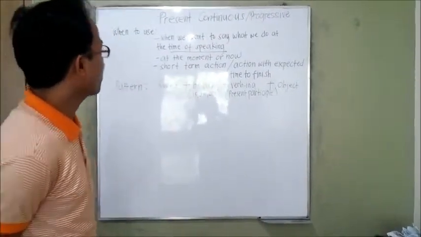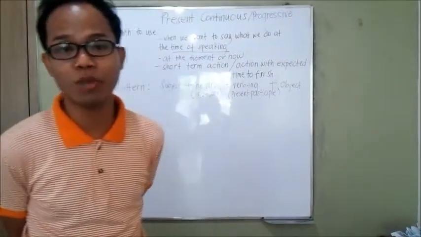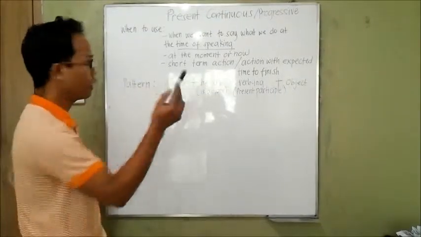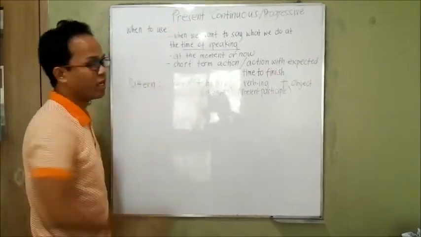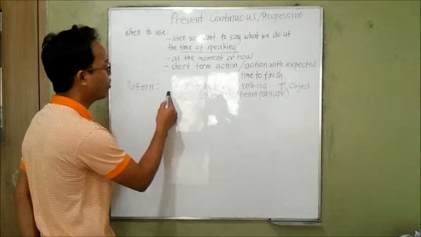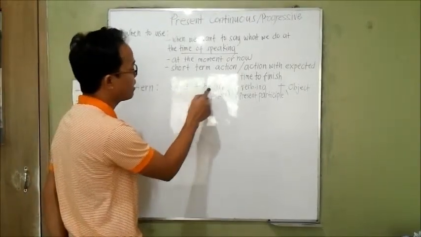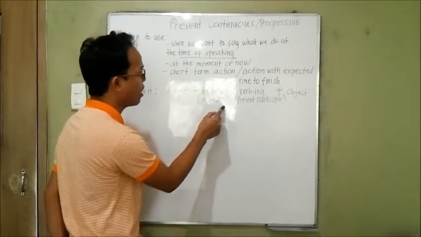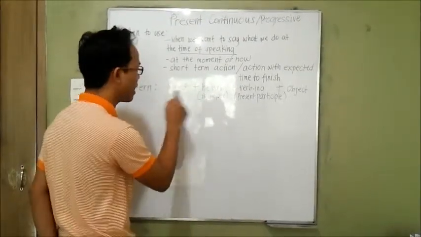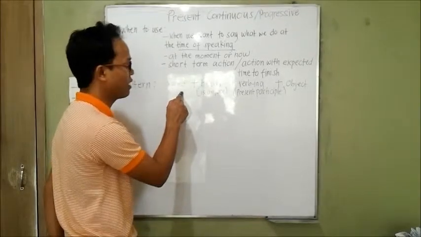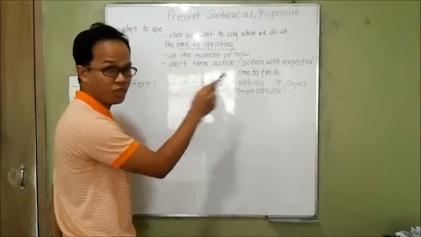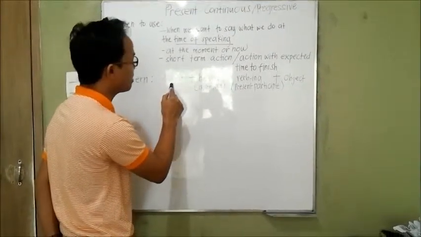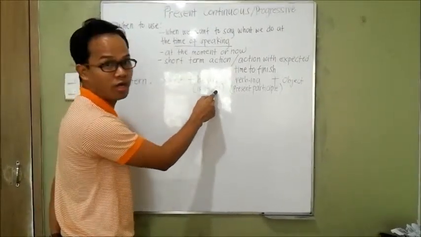So to make present continuous or present progressive, we have to follow the pattern. For the pattern of the present continuous, we follow subject plus be verb. Of course, these be verbs are is, am, are. If your subject is singular, you need to choose between is or am. If your subject is plural, you need to use are.